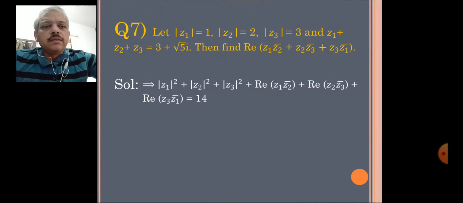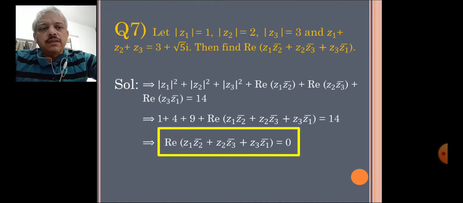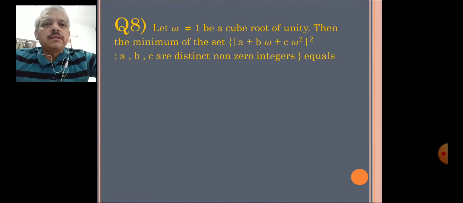Simplifying further, we are given modulus of z1 is 1, so modulus of z1 square will be 1, modulus of z2 square will be 4, and modulus of z3 square will be 9, and the real part of this 14 and 14 will get cancelled, and real part of z1 z2 bar plus z2 z3 bar plus z3 z1 bar will come out 0, which is our result.